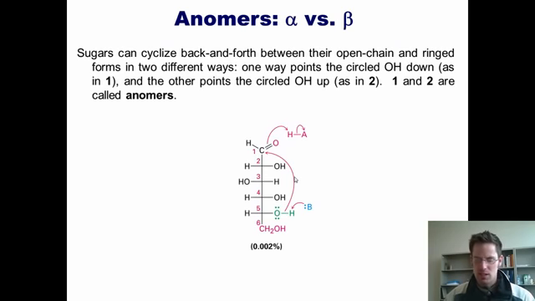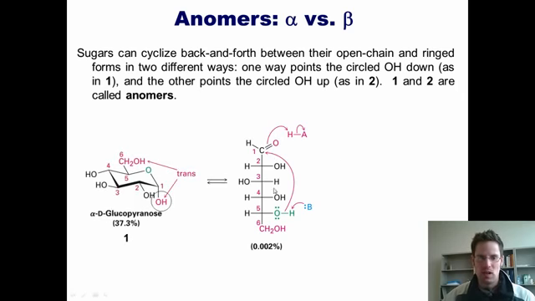As I already discussed 2 slides ago, sugars can cyclize back and forth between their open chain and ringed forms in 2 different ways. One is by putting the OH going down. So you can see if this oxygen closes on the anomeric carbon in a way that points the OH down, we get one form.